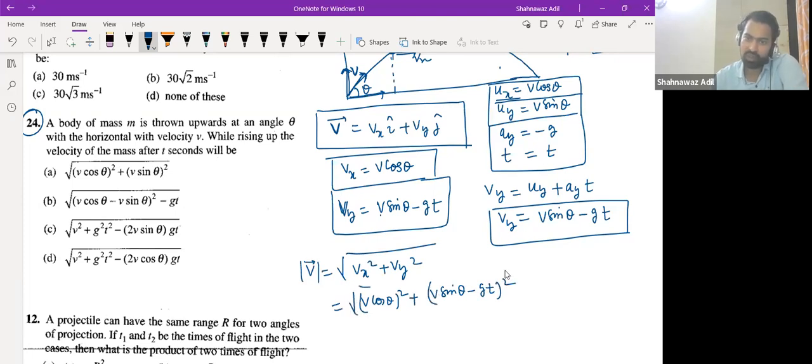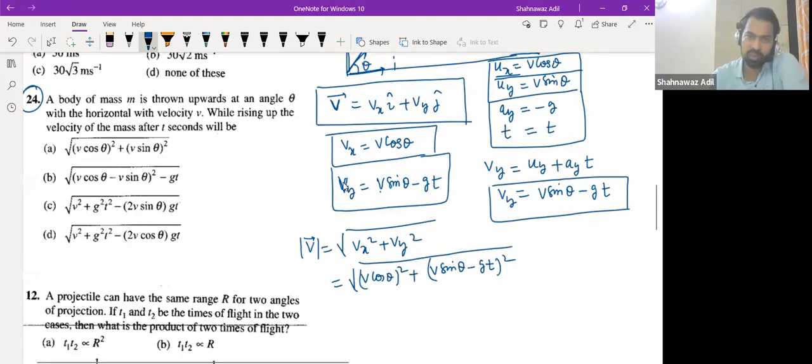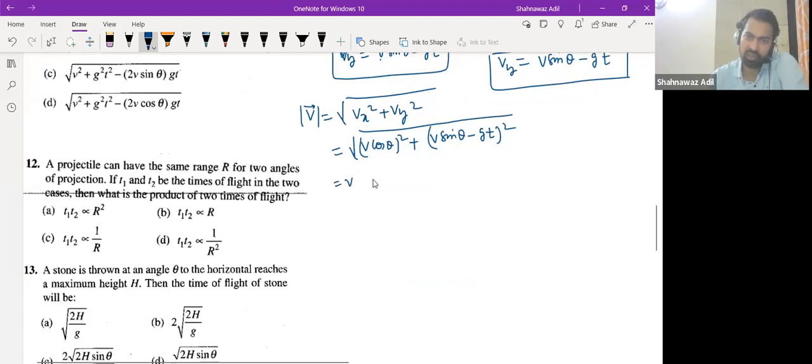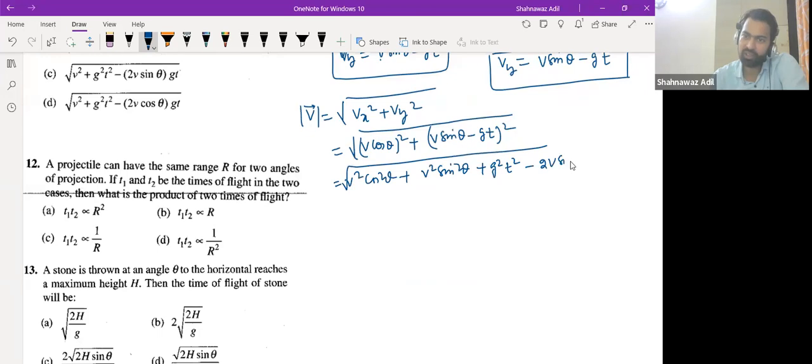So under the root, this would be V square cos square theta and V square sin square theta plus g square t square minus 2V sin theta gt. Correct?